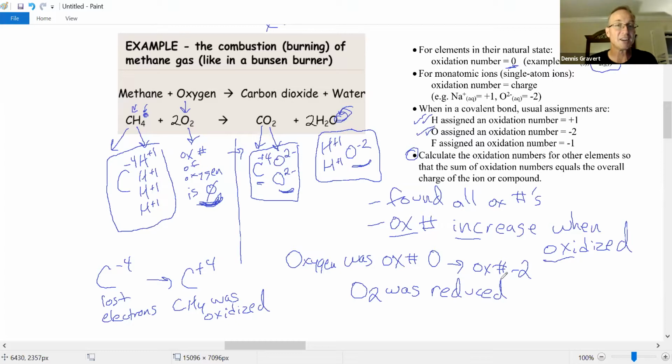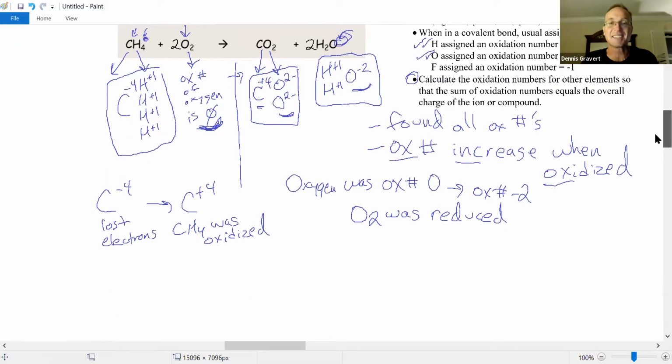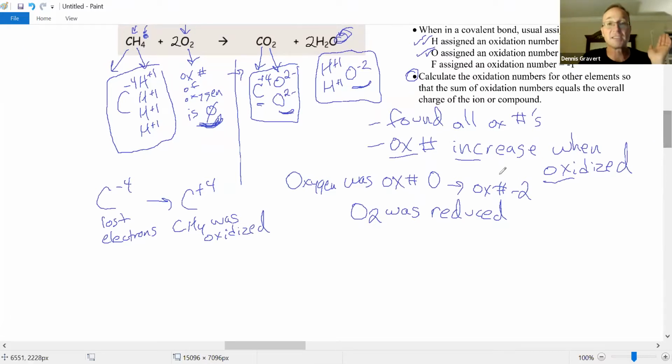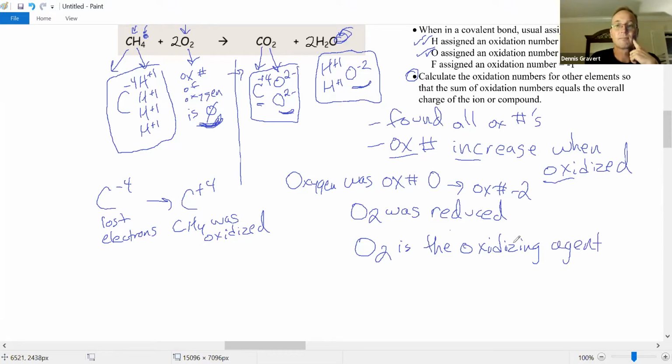Last thing we'll do here is assign agent status. Okay, who's the oxidizing agent? Opposite is opposite. So whoever is being reduced must be the opposite agent. Oxygen is the oxidizing agent, which means the other guy must be the reducing agent.